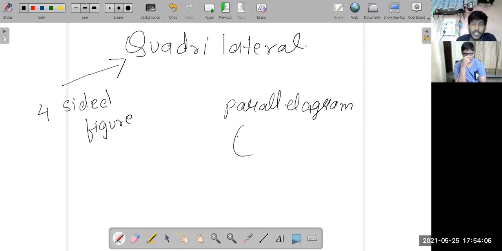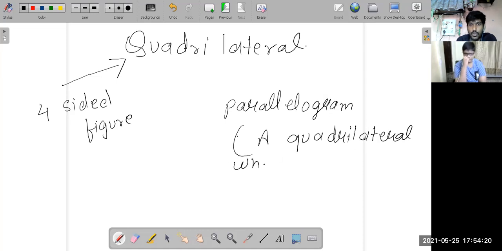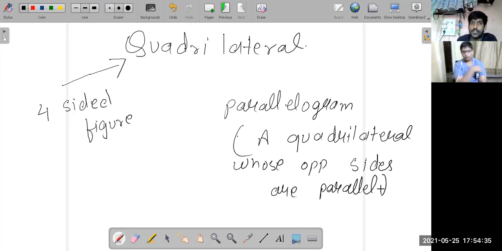Now carefully listen to the definition of parallelogram. A quadrilateral whose opposite sides are parallel to each other. A quadrilateral whose opposite sides are parallel is called a parallelogram. Clear? Okay. Yes.